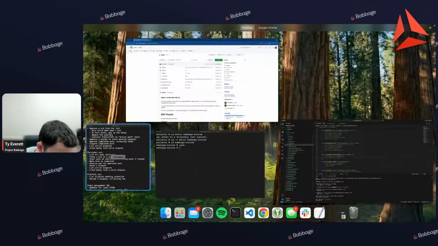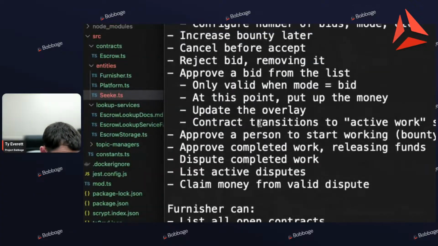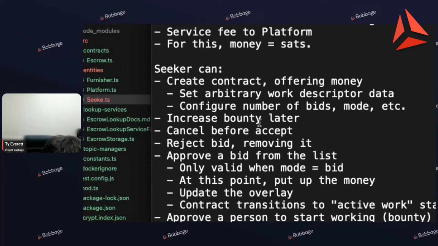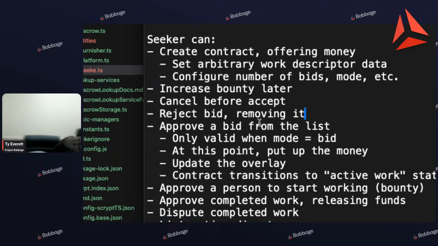So as a seeker, I want to cancel. I can reject a bid.